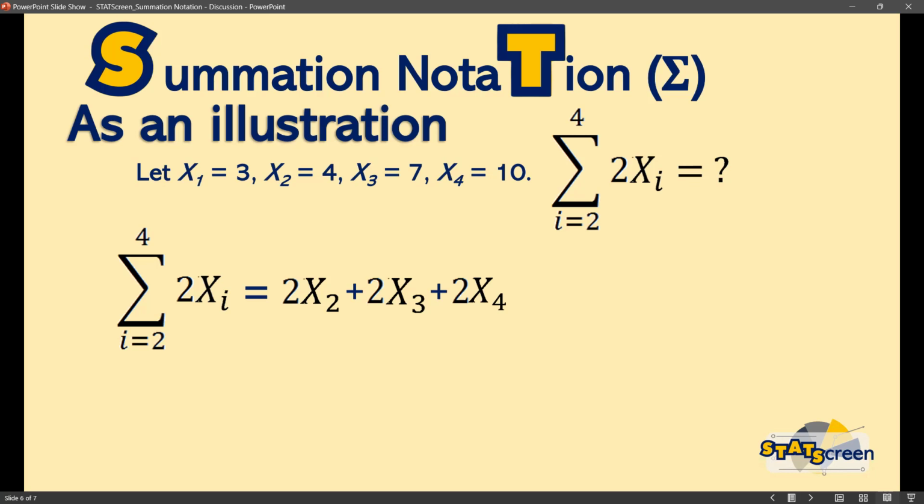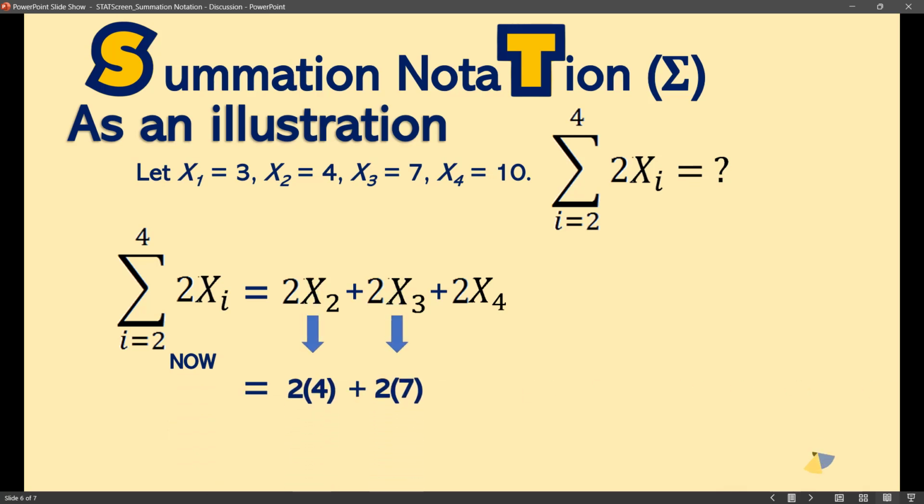Next is to carefully substitute the values because 2x sub 2 and so on indicates a product of 2 and your intended values. So now, we will be using 2 times 4, 2 times 7, and 2 times 10.